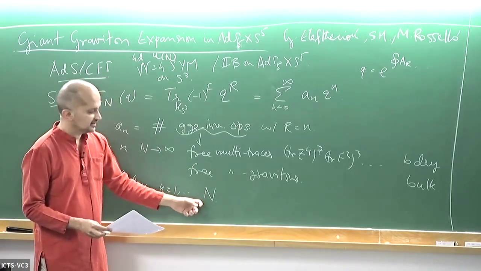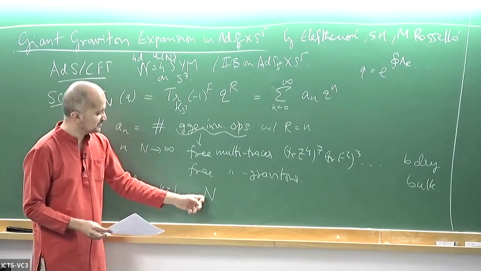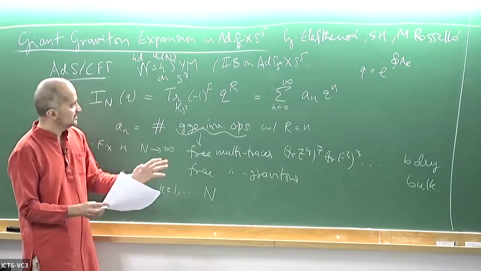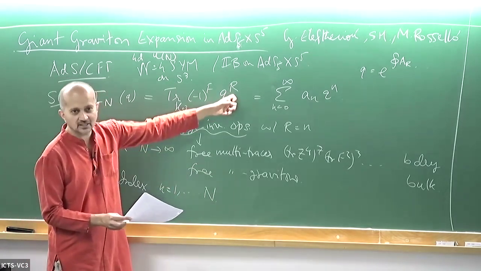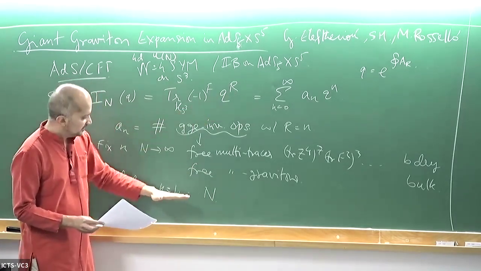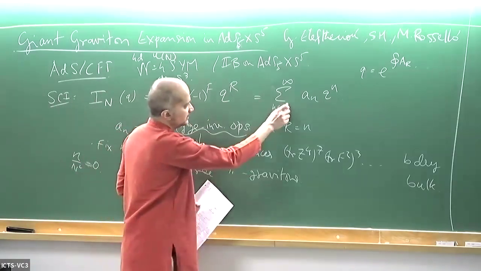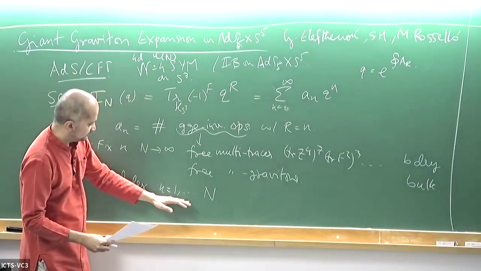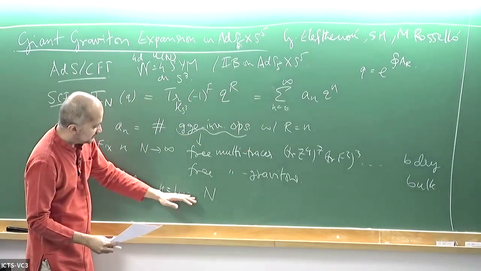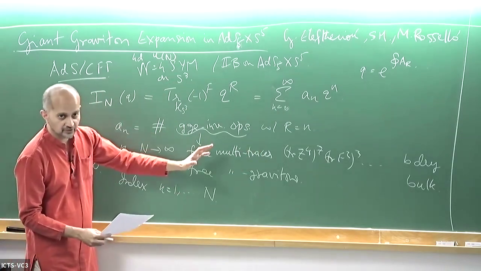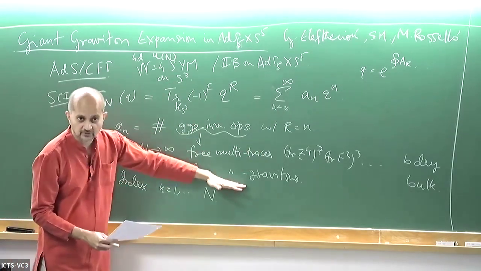Now, here I'm simplifying life slightly. Sometimes it's 2n, sometimes it's 3n. That 1 or 2 or 3 depends on the nature. It depends on whether this starts with q to the 1 or q to the 2. But let's say it starts with q to the 1. I mean, let's say this is 1 to infinity. Then this statement is true, that the index for the first n values of charges is precisely reproduced by the index of multigravity.